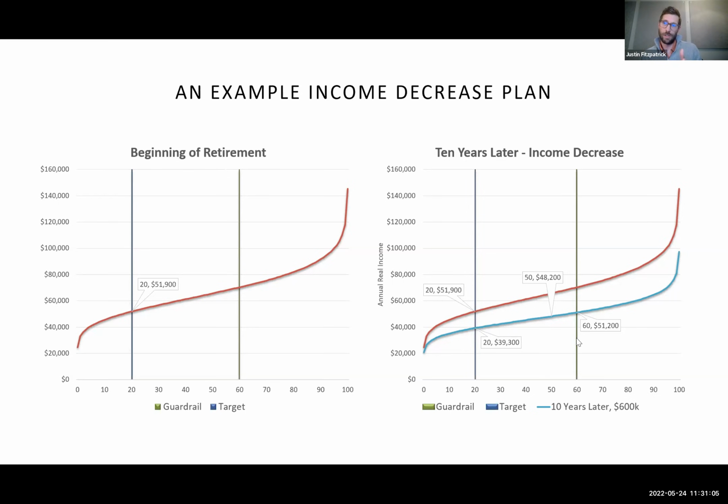And now the income that would be available if we had a risk of 60 would be 51,200, which is lower than our 51,900 that we are spending. So this plan would say it's time to tighten the belt.